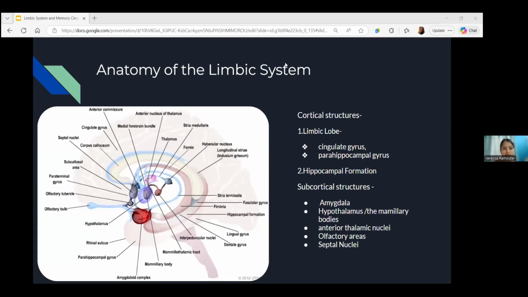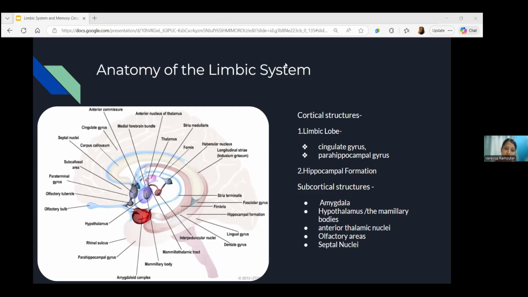So this is a detailed diagram showing the limbic system and its connecting pathways. This complex network includes cortical and subcortical structures, which are important gray matter structures. The cortical structures include the hippocampal formation, which I will be discussing later on, and the limbic lobe, which can be divided into the cingulate gyrus and the parahippocampal gyrus.